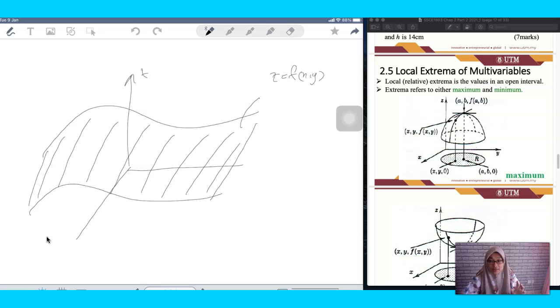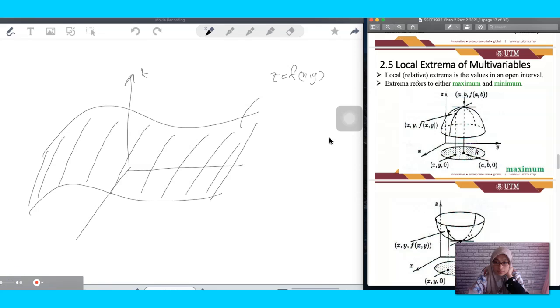So that's why we say local extrema, because the other application we call global extrema. But that one is not part of our discussion for this course, so we only focus on the local extrema of the two variable function by using partial derivatives.